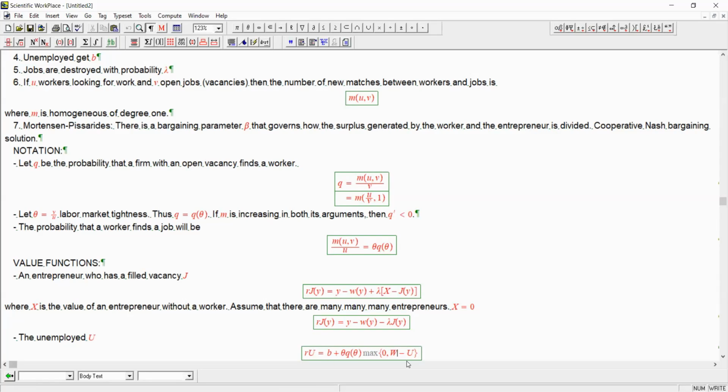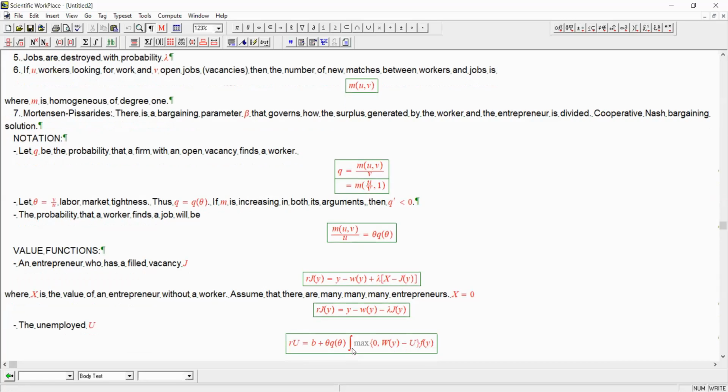And let's call that W of y. So that's what a worker gets when their firm has y. Now, of course, there's a distribution of y, so we have to integrate over that. And let's assume y has some range, and dy completes this equation.